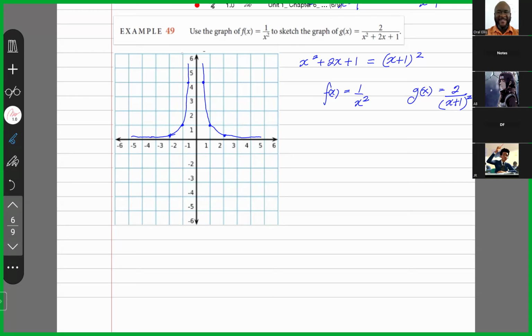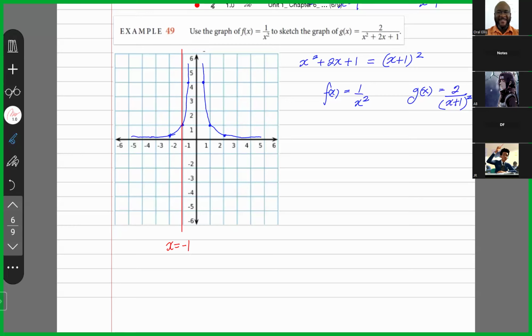So my new vertical asymptote is going to become this line, which is the line x is equal to minus 1. And that is because of the (x plus 1) squared. The x plus 1 is telling me I must move the graph 1 unit to the left.